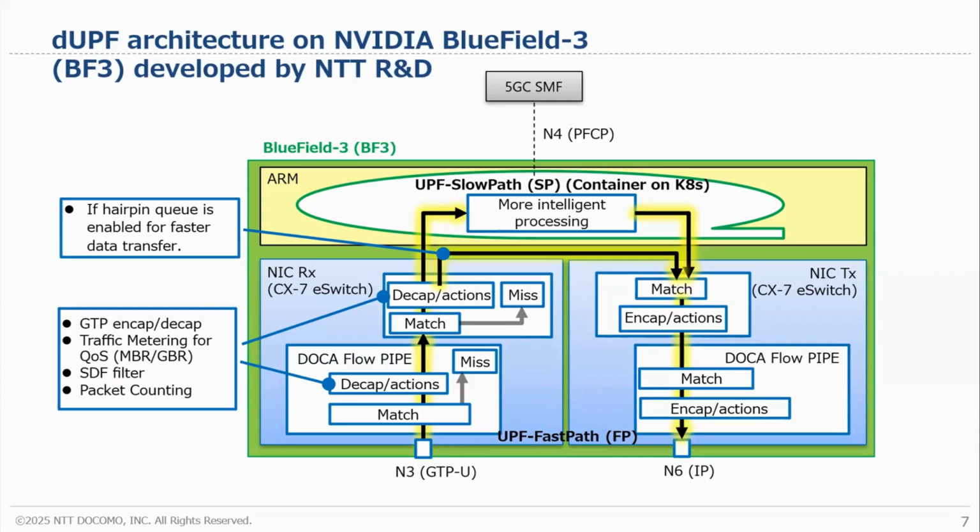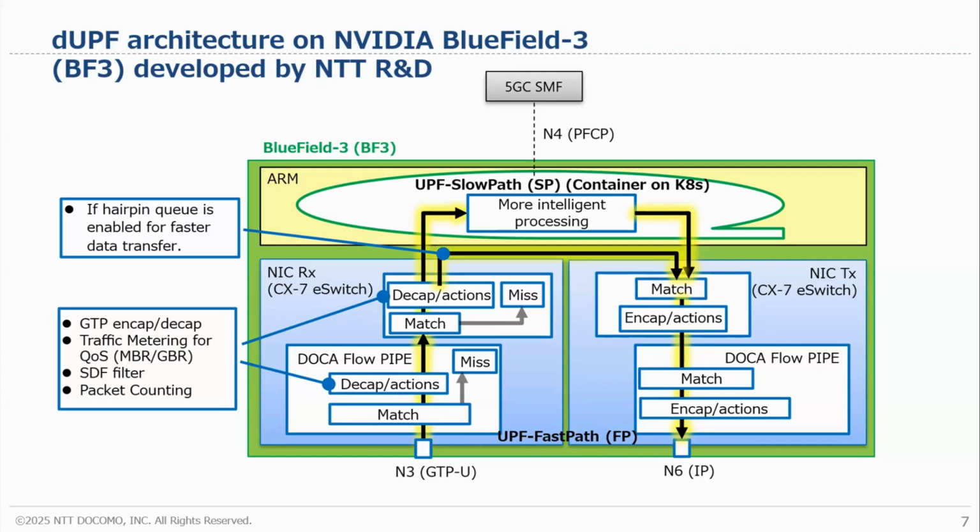And the UPF slow path uses PFCP as a communication protocol with the control plane functions of 5GC. For the control of the data plane session, which we call the UPF fast path, we are using mainly the DOCA Flow API. And main tasks required for UPF, such as GTP encap, decap, and QoS processing, are processed at the ConnectX-7 switch integrated into BlueField-3.